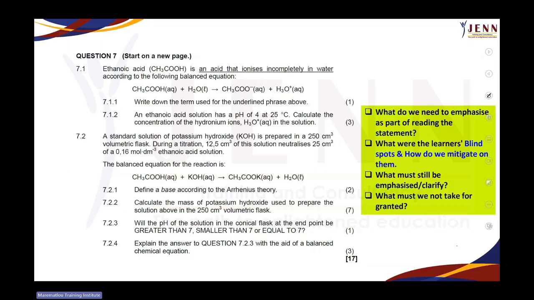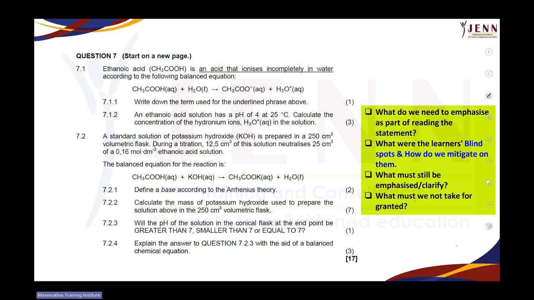The balanced equation for the reaction is provided there, and they ask us to define a base according to Arrhenius theory, to calculate the mass of potassium hydroxide used to prepare the solution above in a 250 centimeter cubed volumetric flask. And will the pH of the solution in the conical flask at the end point be greater than 7, less than, or equal to 7? And then they're asking us to explain our answer with the aid of a balanced chemical equation.